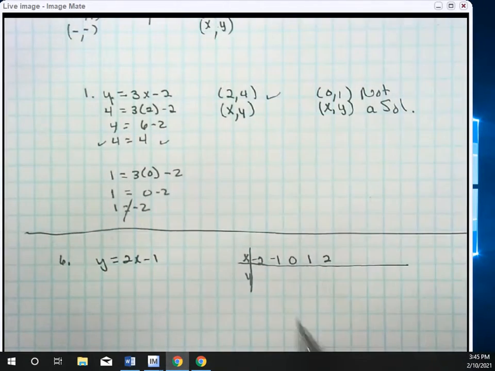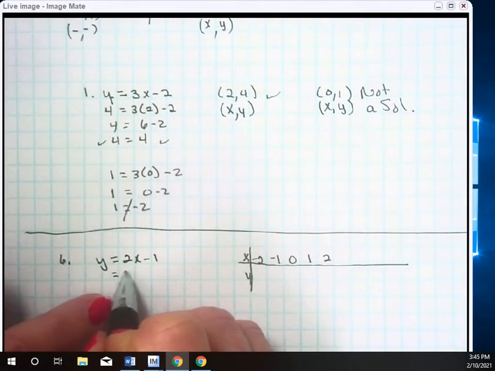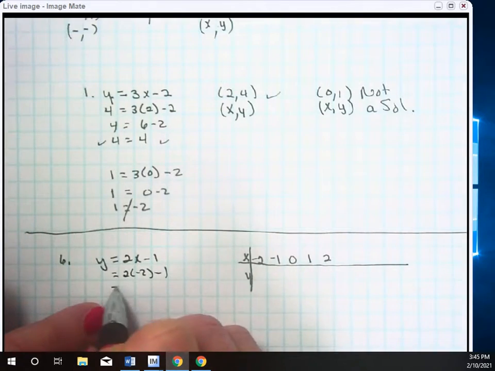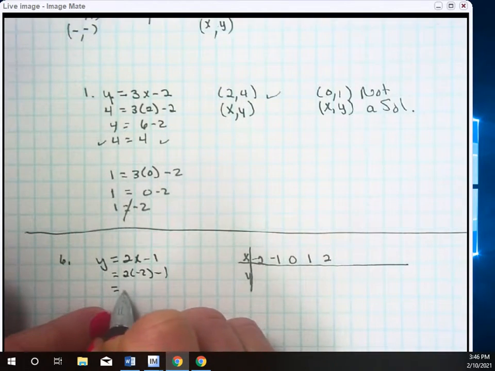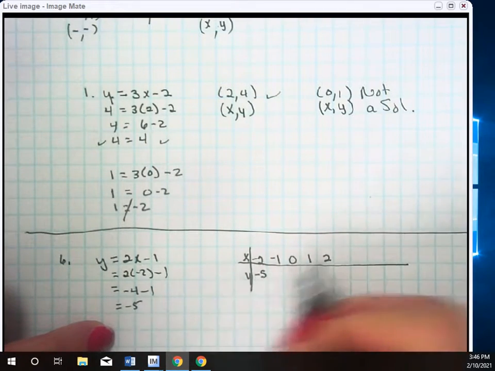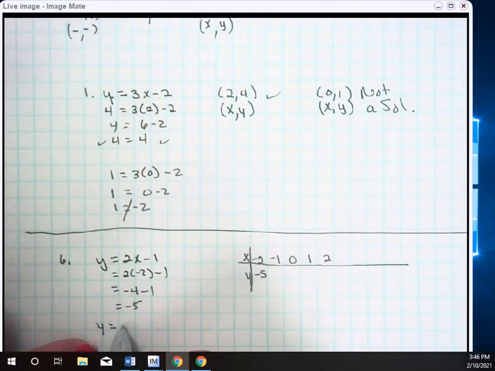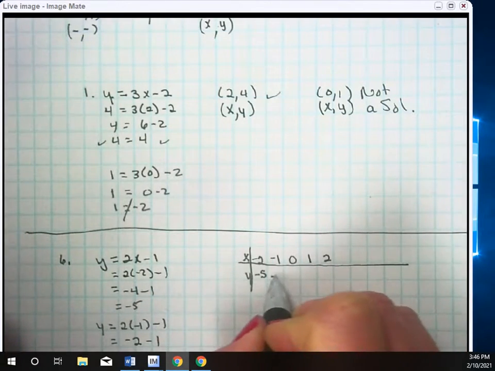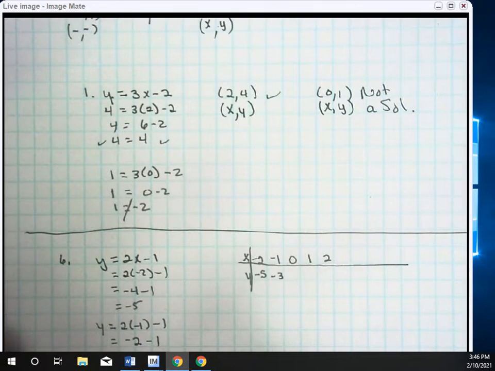That's okay. I'm going to substitute in 2 times negative 2 minus 1. Negative 2 times 2 is a negative 4, minus 1 tells me it's a negative 5. If I substitute in a negative 1, 2 times negative 1 minus 1 is a negative 3. If I substitute in 0, 2 times 0 is 0, minus 1 is a negative 1.